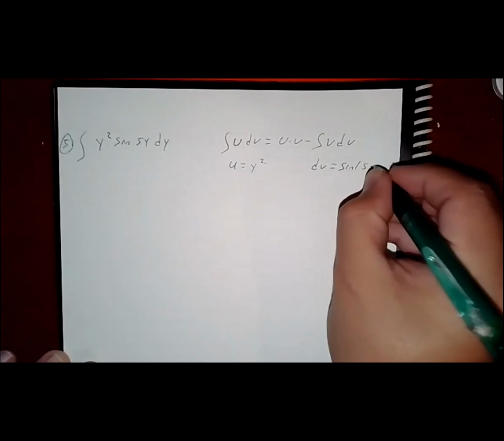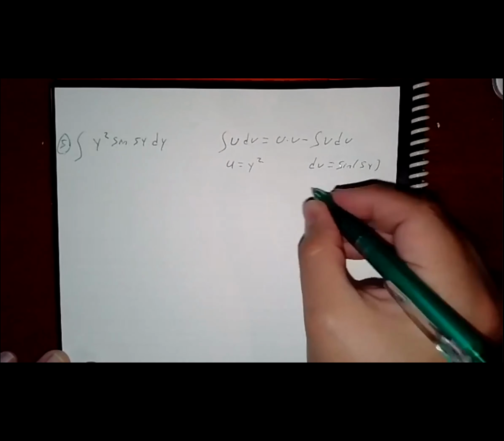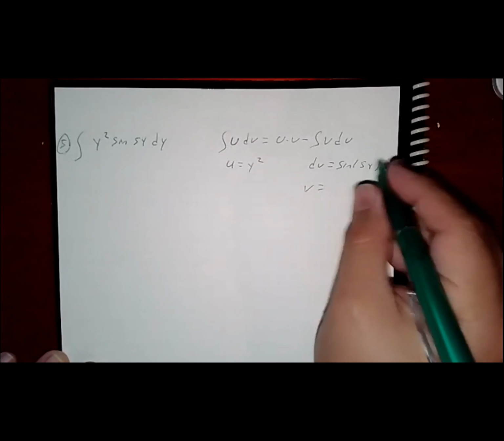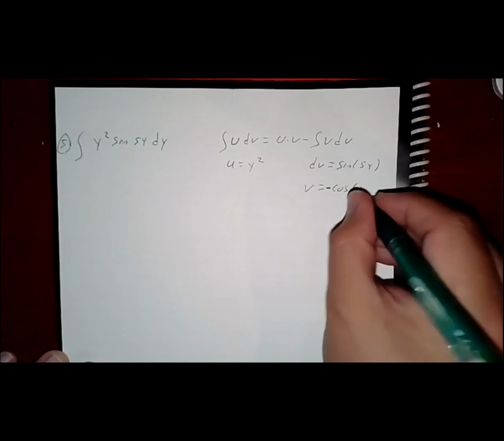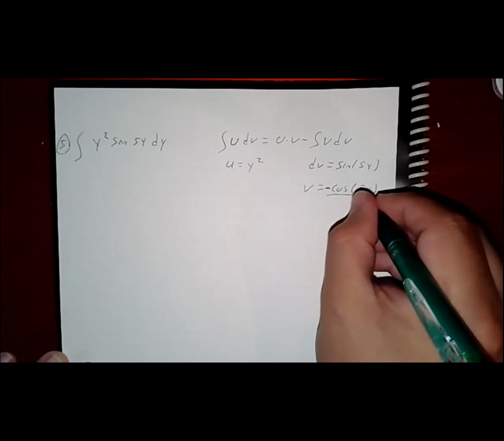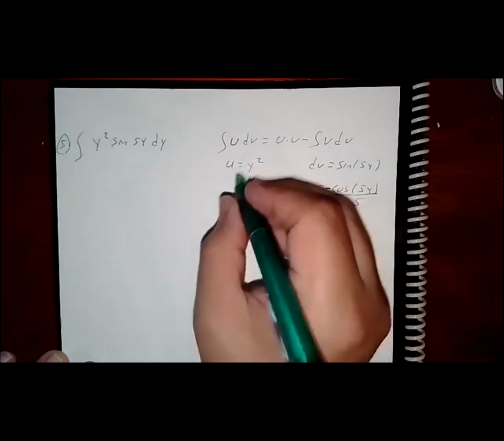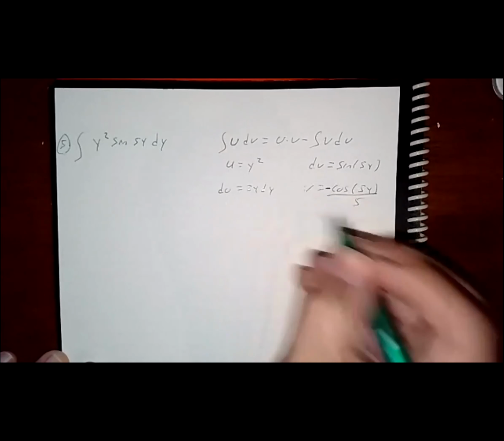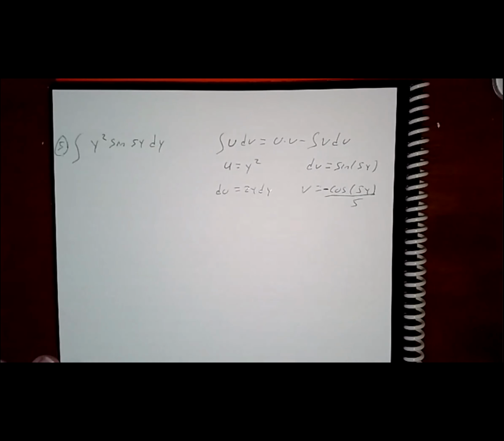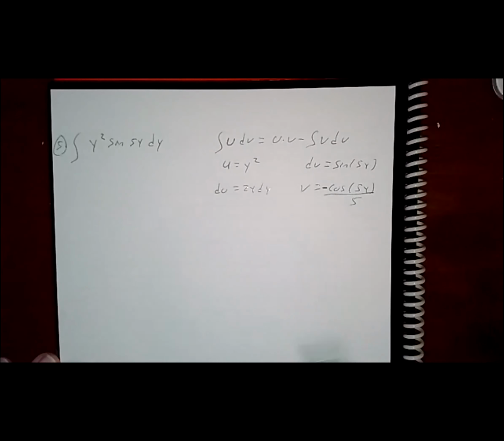If it turned out that I could not integrate this, then I should pick something else. So the integral of this guy is cosine 5y over 5, and the derivative of u is going to be 2y dy. I'm going to skip the basic integral here.